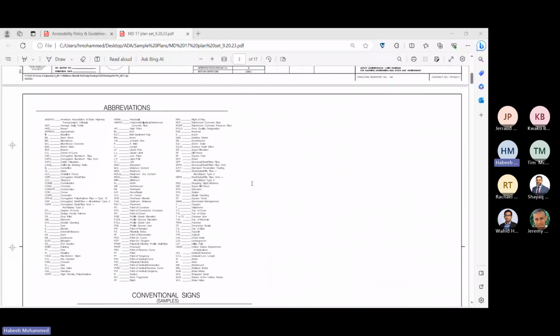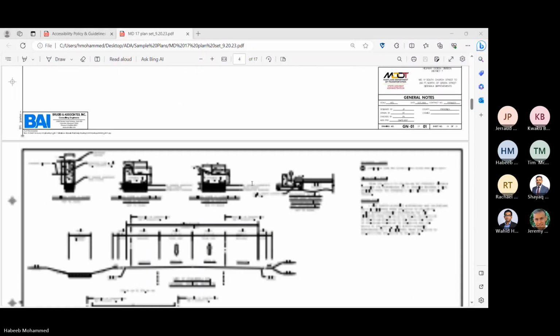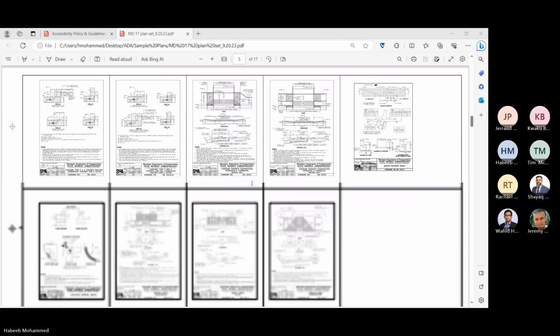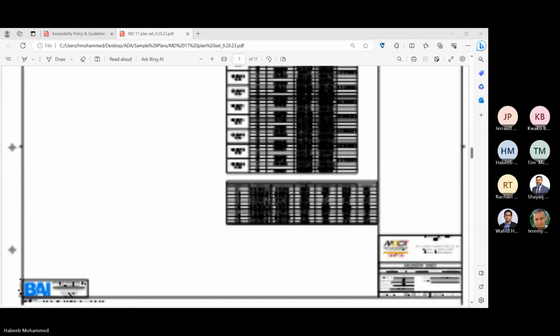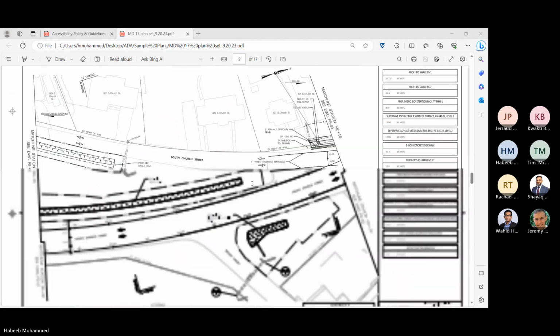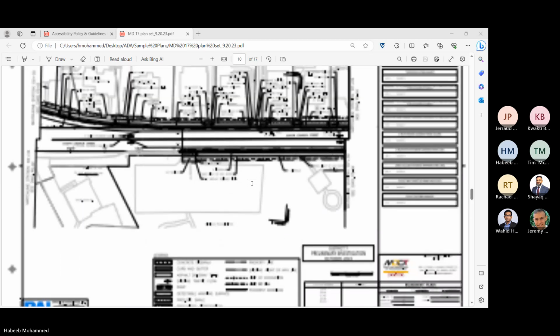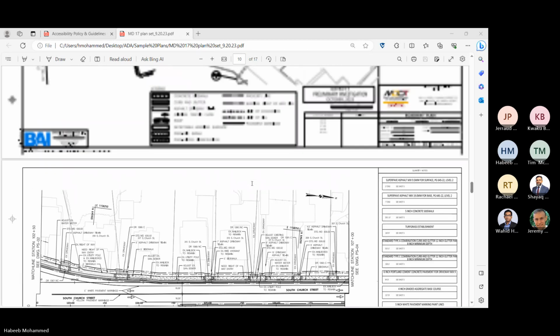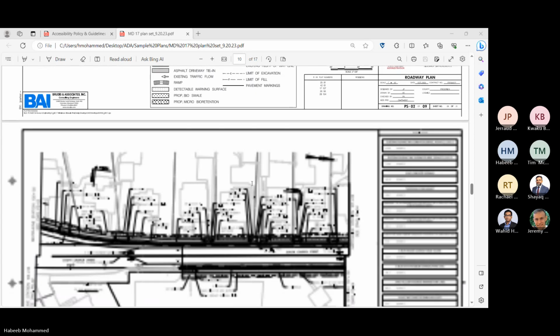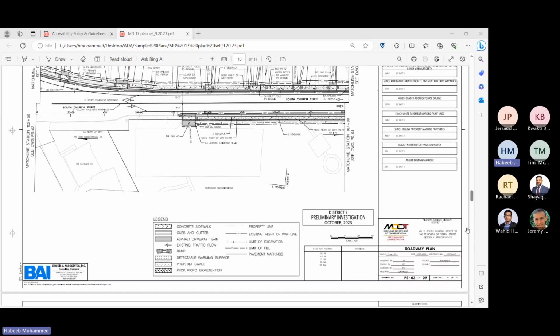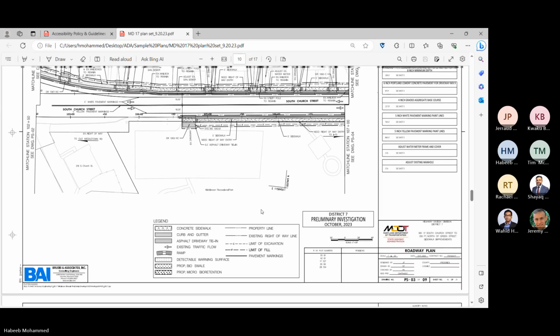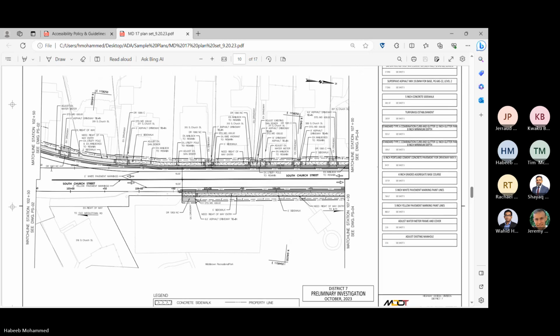You guys can see it, right? Where is our first sheet? This one is the first sheet. Okay, you guys can see it or no? Yes, we can see. Okay.